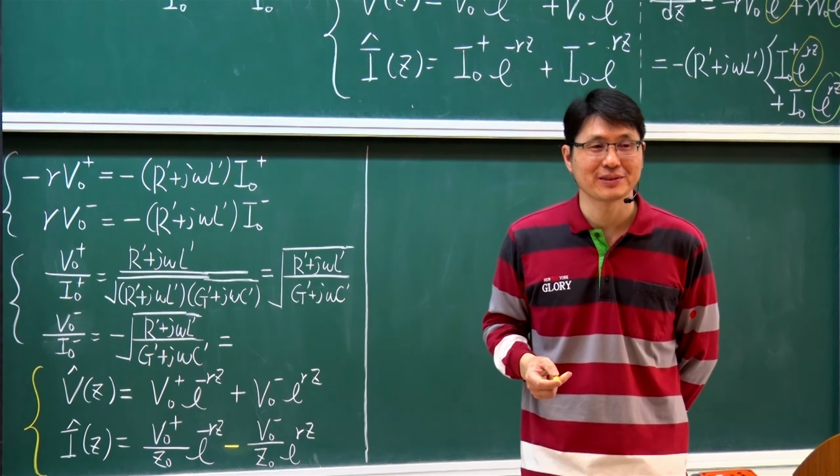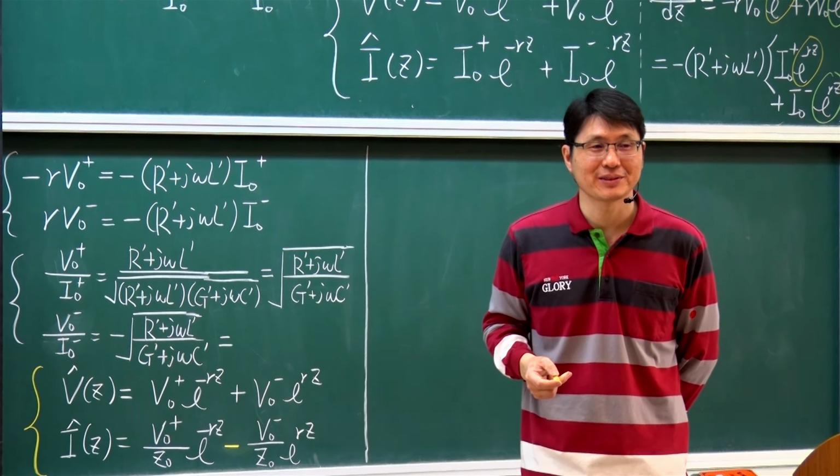For a transmission line, you have to know R prime, L prime, G prime, and C prime. Once you know all these four parameters, you know gamma, the complex propagation constant, and also the characteristic impedance.